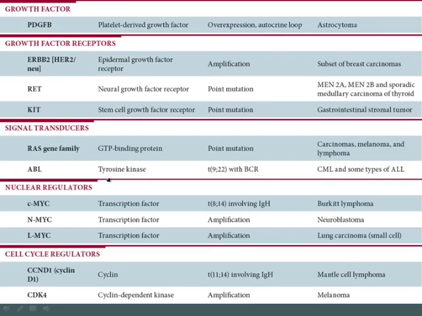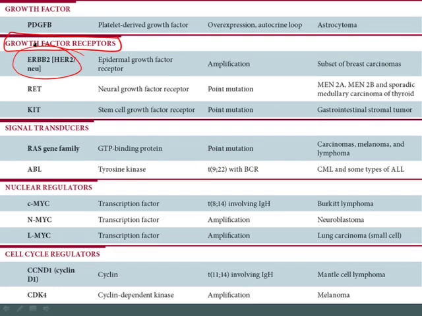Now, what are some important growth factor receptors that can become mutated, and what tumors are they associated with? Well, one of the very high-yield growth factor receptors is HER2/neu. HER2/neu is an epidermal growth factor receptor that is amplified in a subset of breast cancers. And why is this important to be familiar with? Because it ties back into pharmacology.